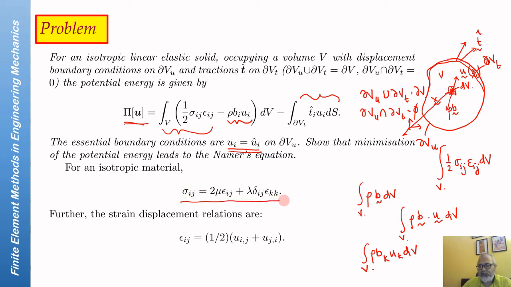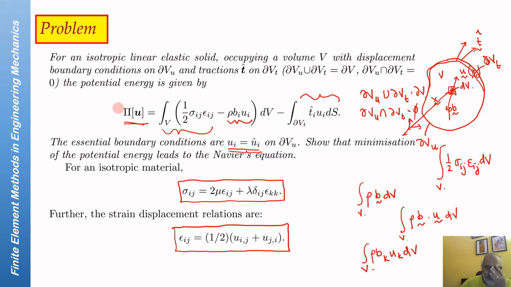So this is the constitutive equation for an isotropic material, and the strain displacement relationships, as we have discussed before, are these. So now we are going to try and express the right hand side of this statement completely in terms of displacement. So we will take these strain displacement relations and plug them in here.